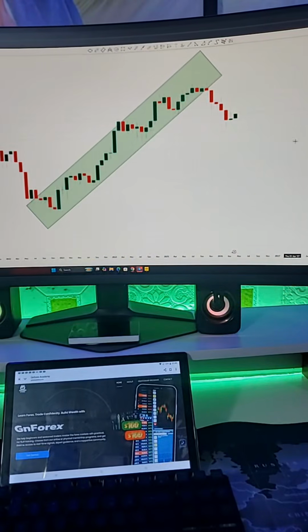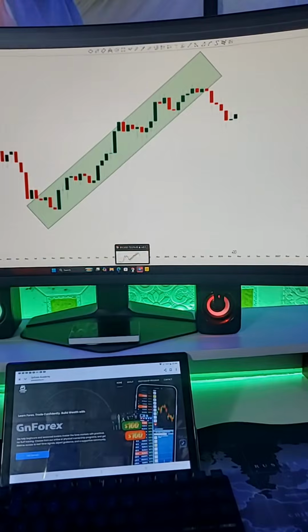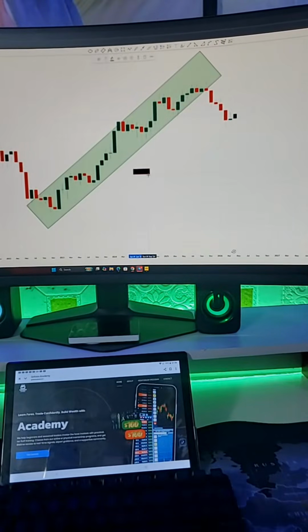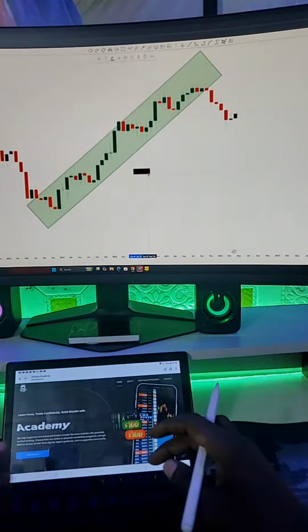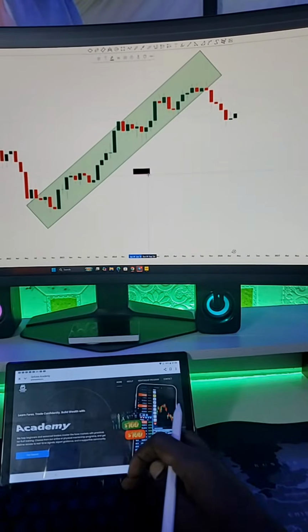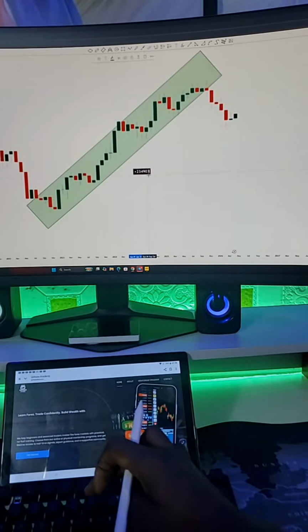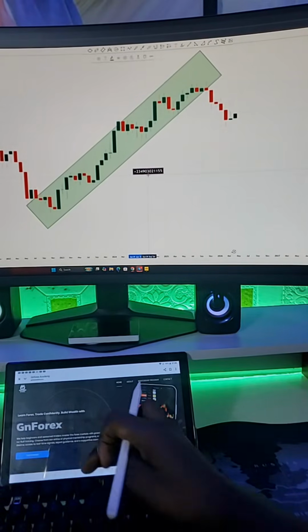I'm very much interested. Let me drop my number on the screen. In case you are not in Nigeria, this is my code number: 349030211559.